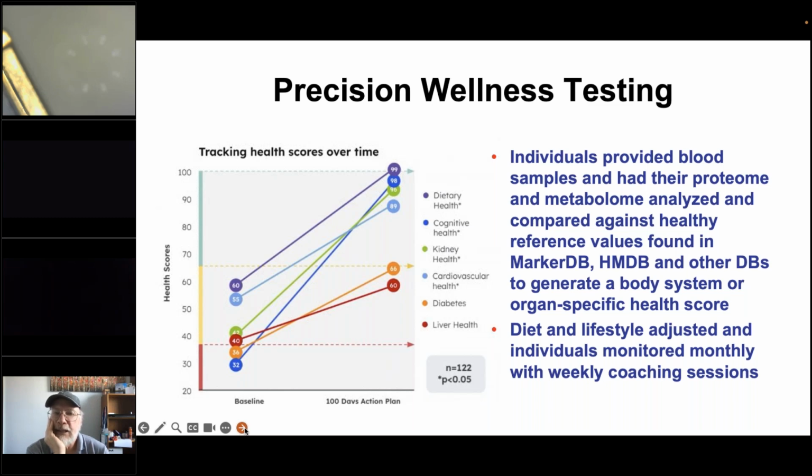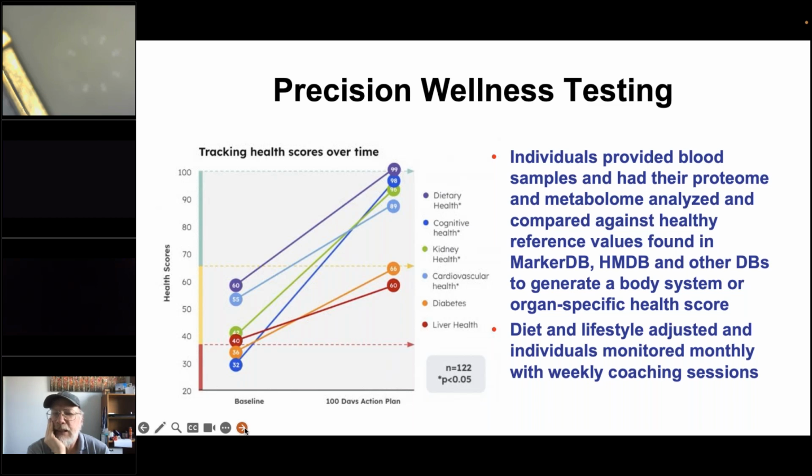Everyone basically saw fairly significant improvements in a variety of health areas. And a lot of those health index determinations were made using reference values in public databases like MarkerDB, HMDB, and other tools that have been made public.